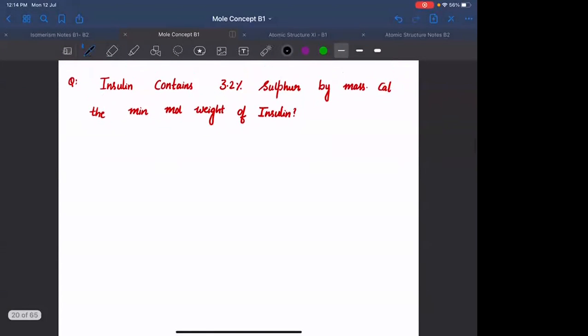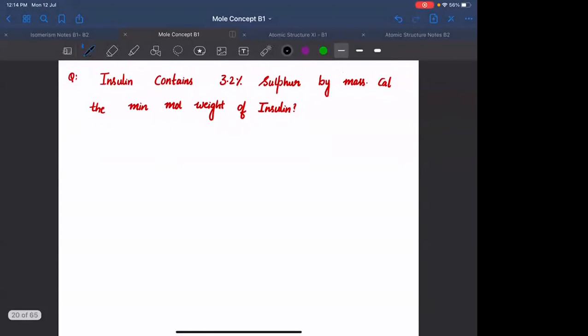Others. What is meant by minimum molecular weight? Anyone?